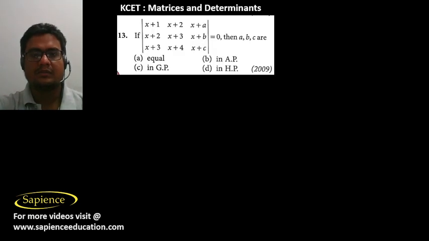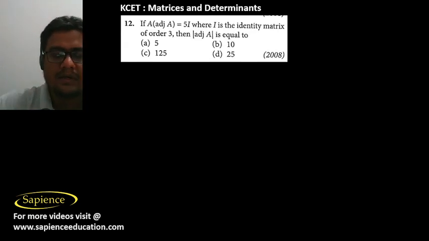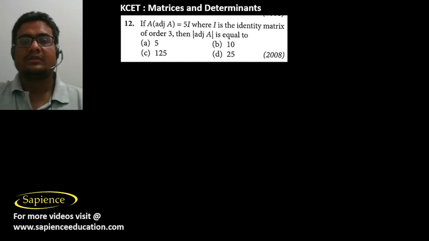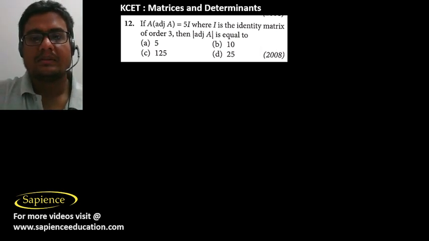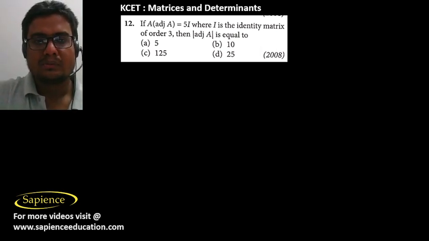Then here it is told that if A into adjoint of A is equal to 5I, where I is the identity matrix of order 3, then the determinant of adjoint of A is equal to what?